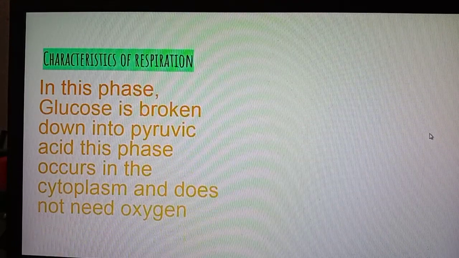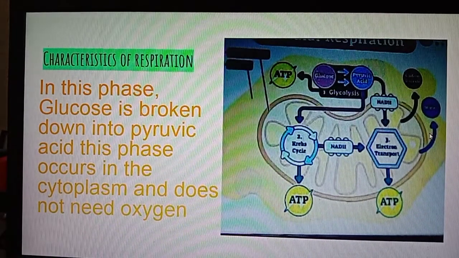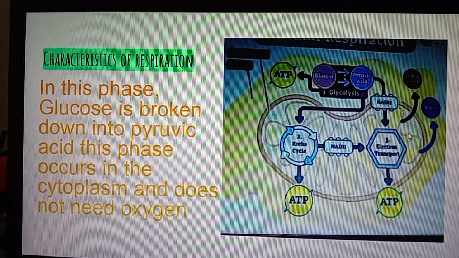Now, characteristics of respiration. Characteristics of respiration refers to that respiration is done in various phases, and those phases are given a name and that we will study. So, our first phase is glycolysis. That is, in this phase, glucose is broken down into pyruvic acid.